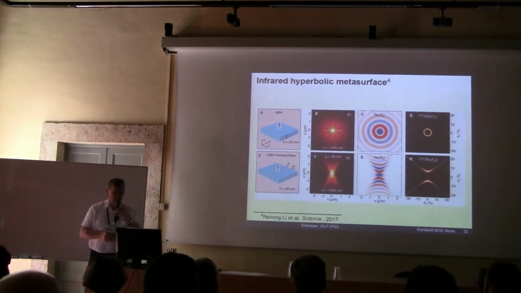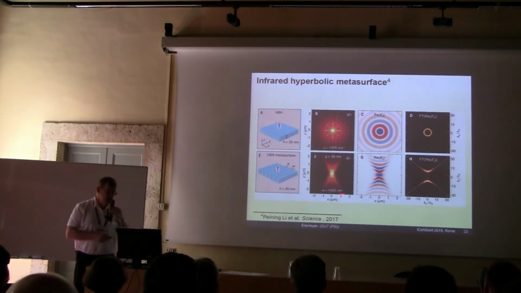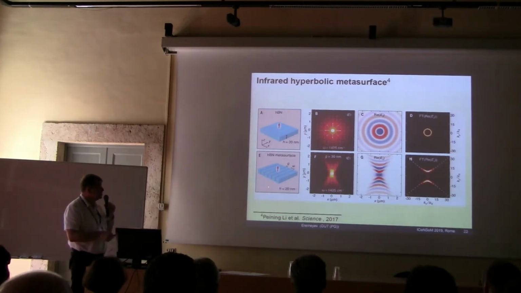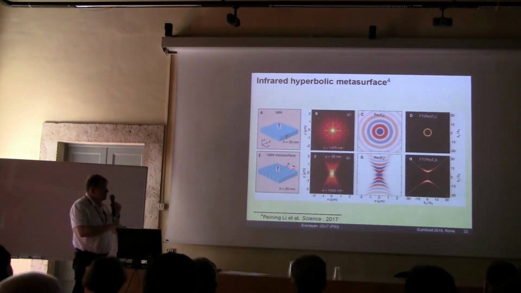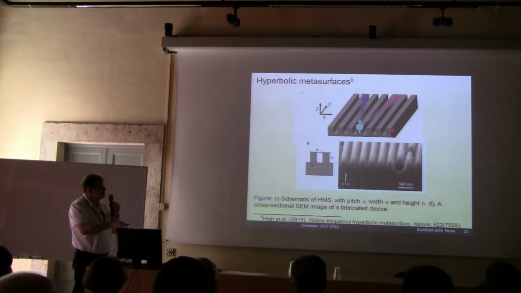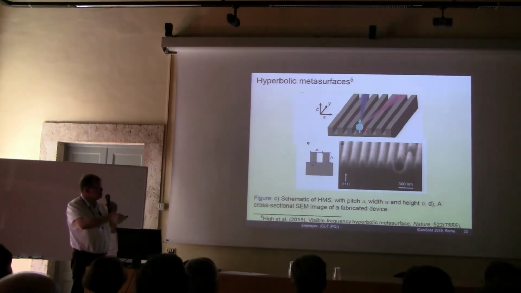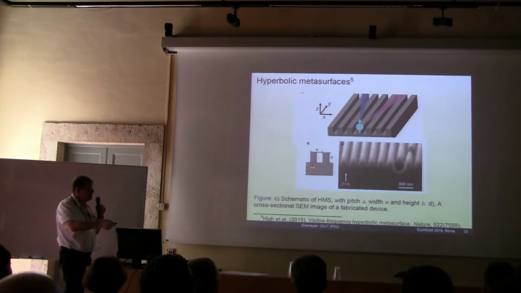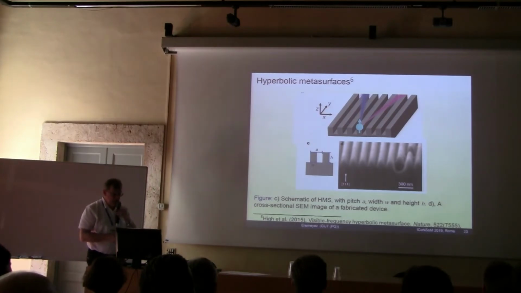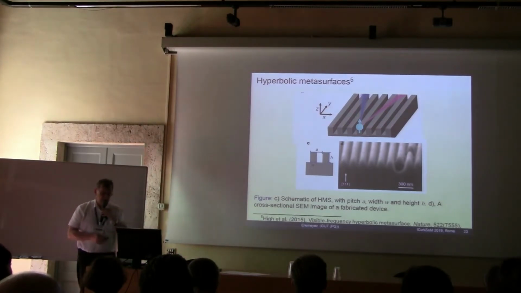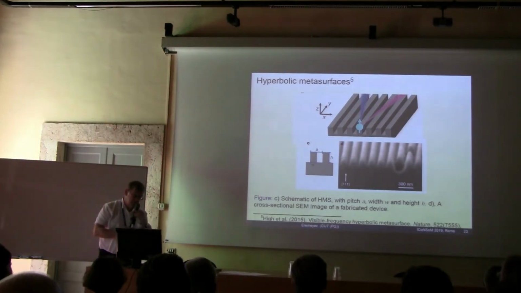Recently, another enhancement of the surface was invented, so-called hyperbolic metasurfaces, which from a mechanical point of view look like ribs, beams or bars attached to the surface. The scheme is given here, a surface with ribs, and this photo demonstrates a real object of this kind. So we have different kinds of surfaces and phenomena which we observed.